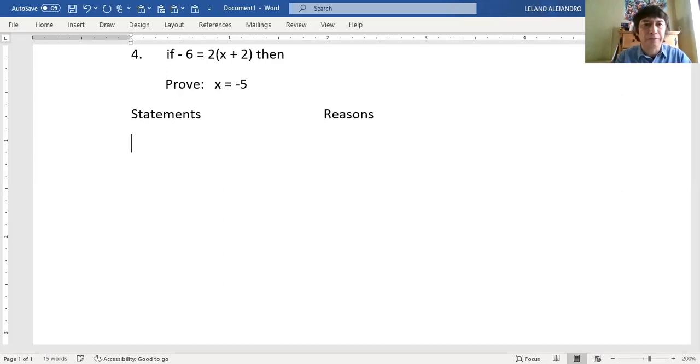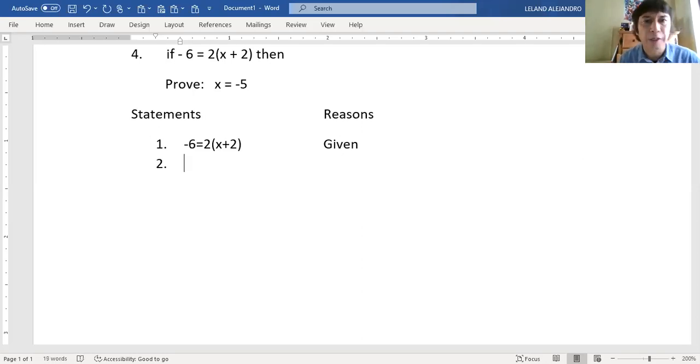First statement, we simply get our given, negative 6 equals 2 times the quantity x plus 2. There. And the reason here is just given data there.